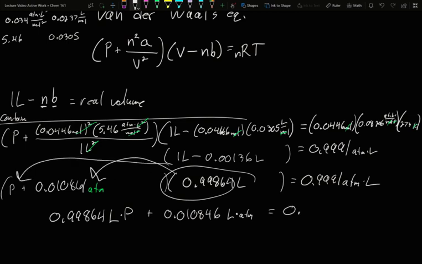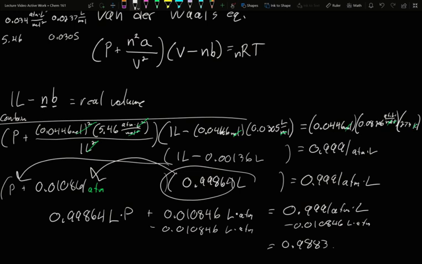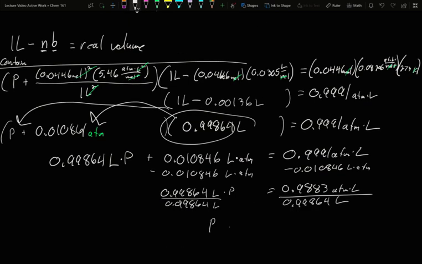All that must equal 0.9991 atmosphere liters. We can subtract this part from both. We'll find that 0.9883 atmosphere liters is equal to 0.9986 liters times our pressure. So divide by those liters on each side. And we can find our pressure.